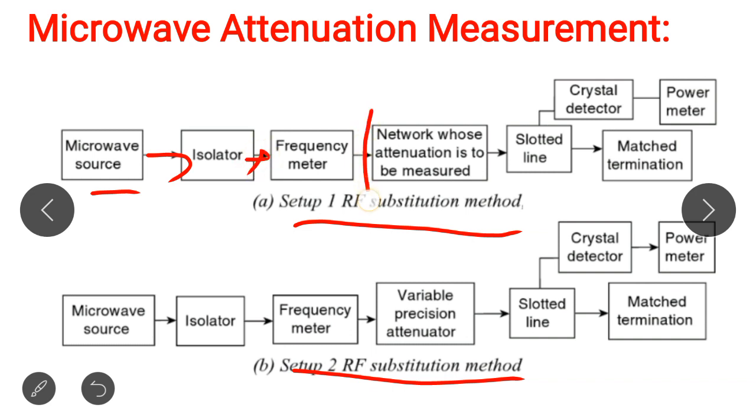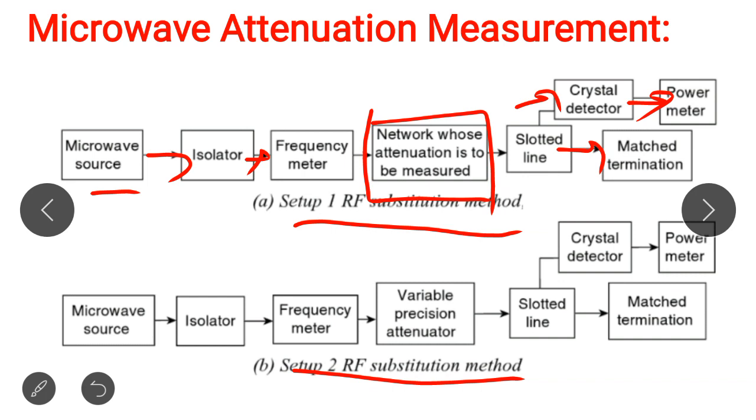Then the network whose attenuation is being measured is connected, and then it is connected to a slotted line. From the slotted line, a probe is taken that is connected to a crystal detector, and this is connected to the power meter, and the slotted line is short terminated. So this is the first setup where we measure the power level of the device under test.